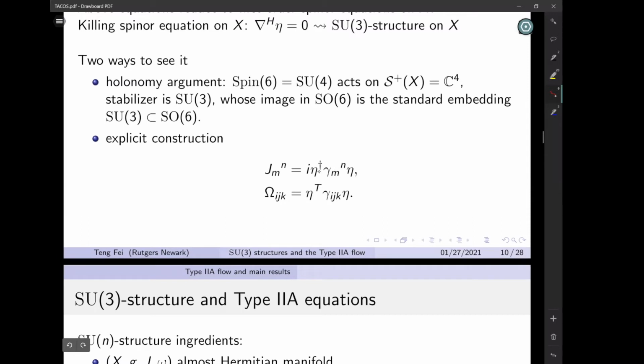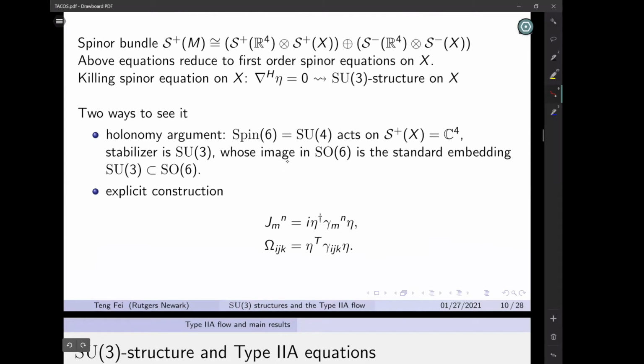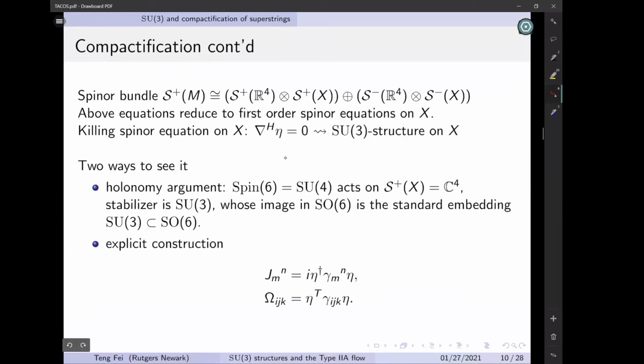These are just elements in the dual of the spinor bundle. Okay, so you can use this formula to define some tensors, and this J turns out to be an almost complex structure, and this capital omega turns out to be a holomorphic volume form, or complex volume form. So you do get this SU3 structure. Okay, so this is how we get SU structure or Calabi-Yau structure from supersymmetry and consideration of compactification.